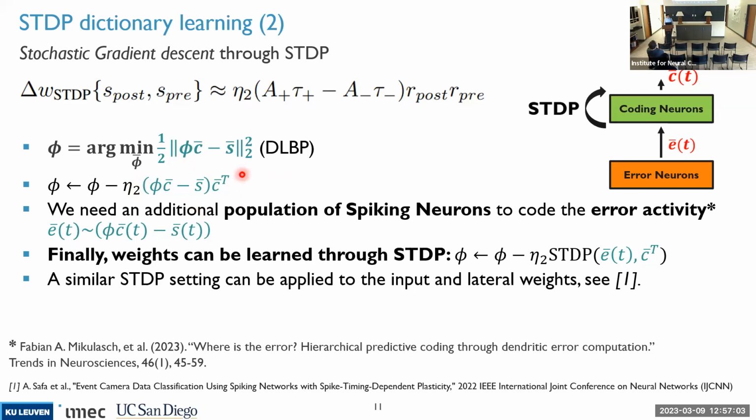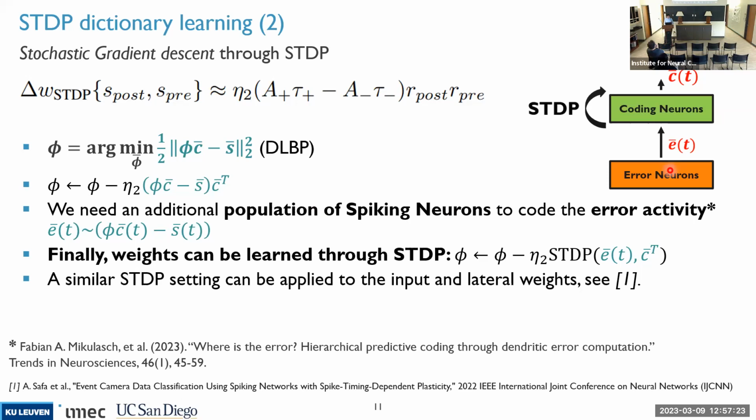And so what we see when we look at this equation is that we need a second population of neurons that will code the error that the ensemble is making as spiking activity as well. This is the role of the error neurons in the network that I showed you.